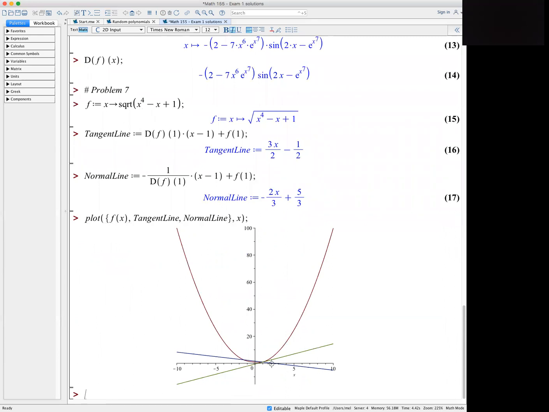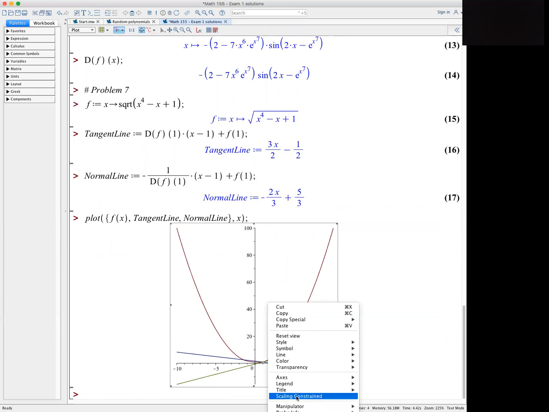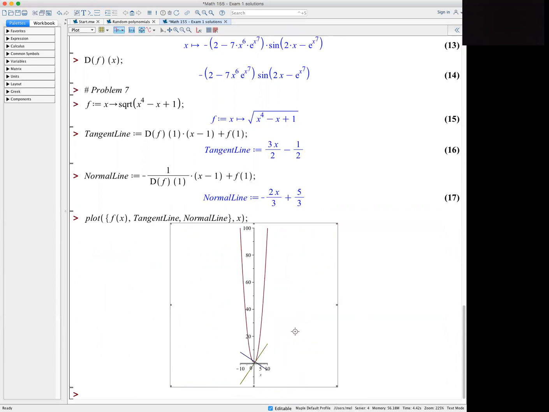Now, of course, these 2 lines don't look perpendicular, and that's because we haven't used scaling constrained. So let me control click, scaling constrained. Aha. And now you can see these two perpendicular lines.